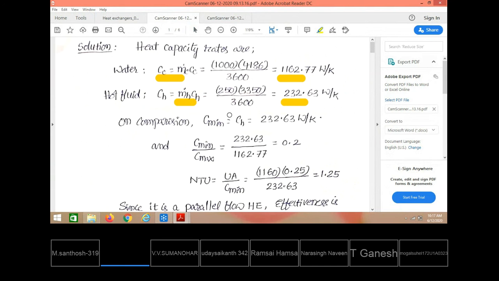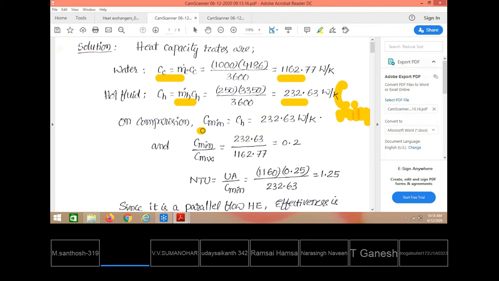On comparison of Cc and Ch, which is smaller out of 232 and 1162? This is smaller, therefore this is C minimum. That means the hot fluid has lesser heat capacity.